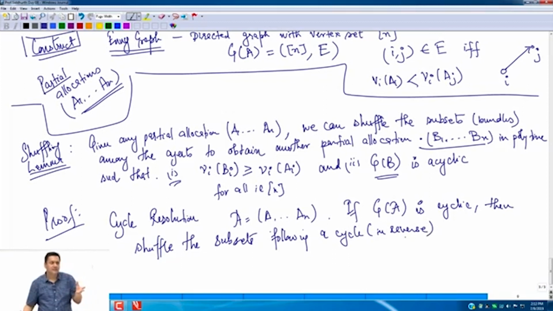So you do this cycle resolution. I expressed it for 3 agents, but let's say the cycle is of k agents, nothing changes. You just keep passing the subsets along, and that's it.